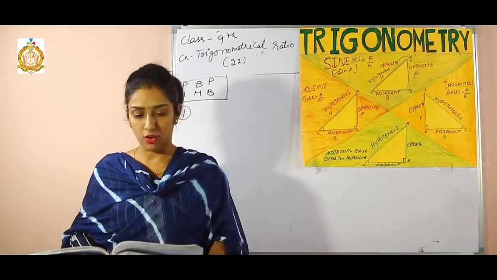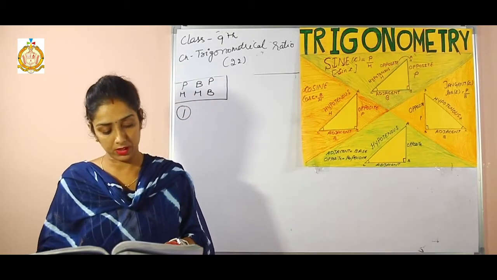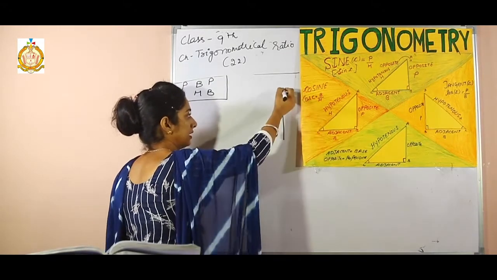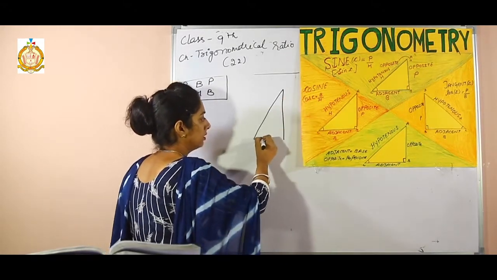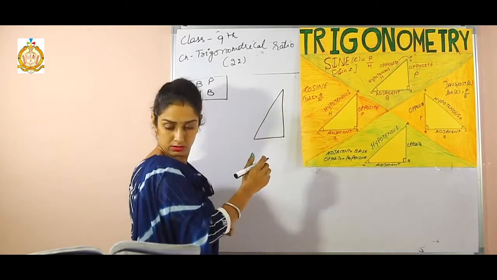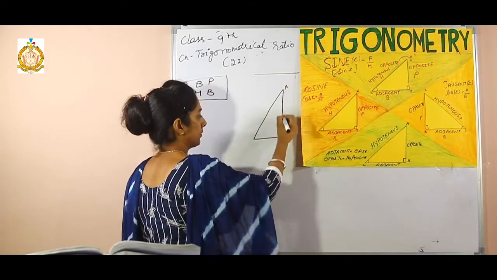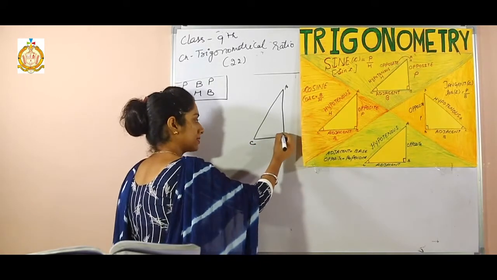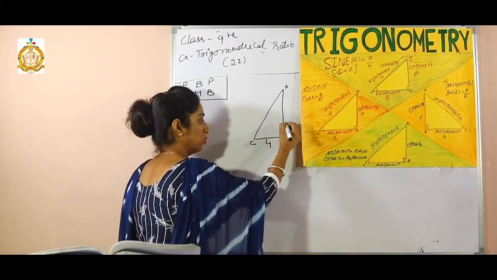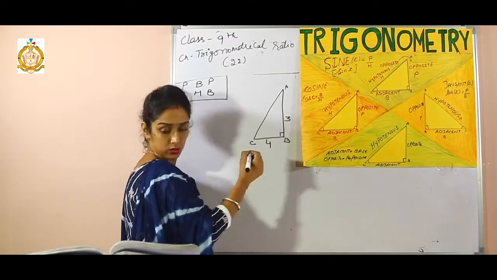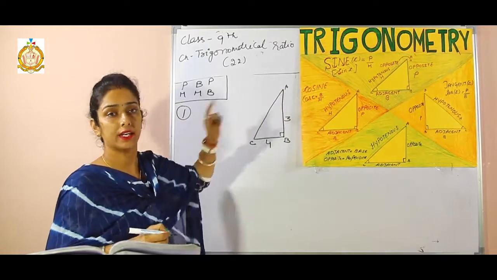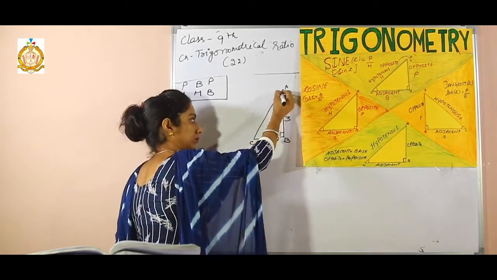Find the value of sine A from the figure. See, this is a figure in your book. Here A, B and C, and this is a 90-degree angle, the base is 4, and the perpendicular is 3. Now we have to find sine A, right?